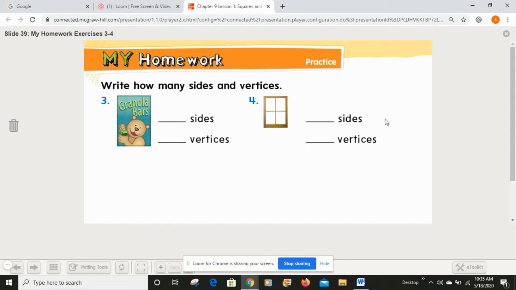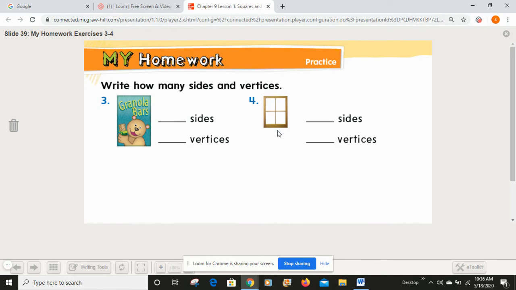Now we're going to look at an actual object, like a book or a window. We can say how many sides on the book, or maybe it's a box of granola bars. 4 sides. How many corners? 4 corners, or 4 vertices, so 4 and 4.